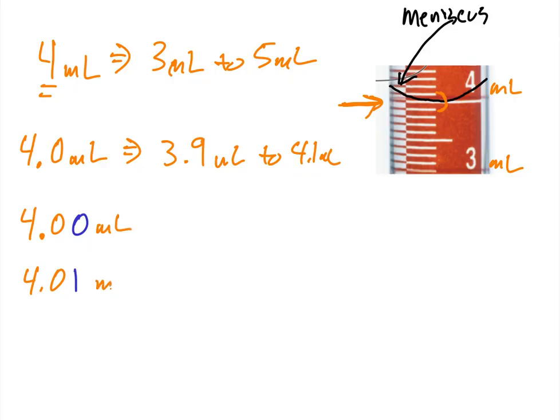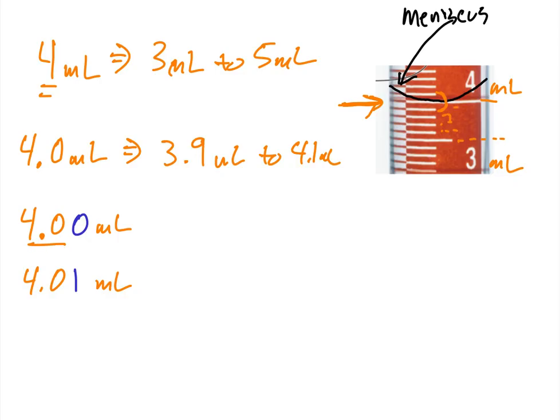But the point is that when you are reporting any of these measured values, your level of certainty is going to depend on where the markings are. So in this case, the markings are in that first decimal place.